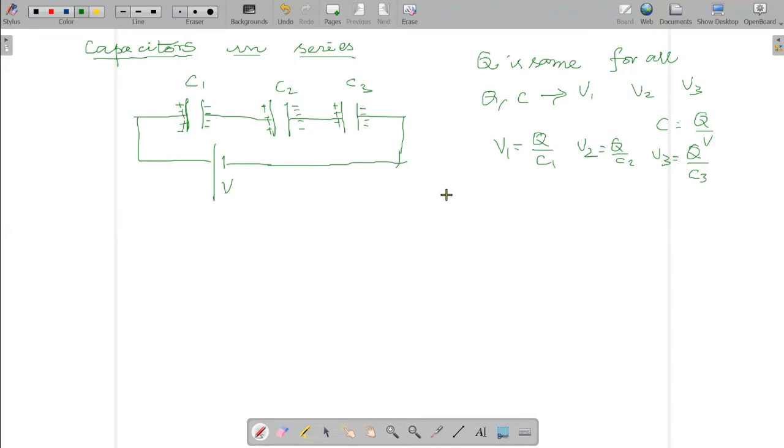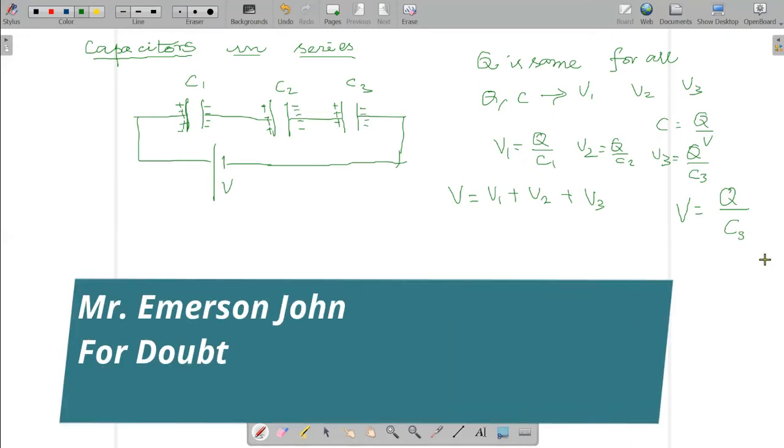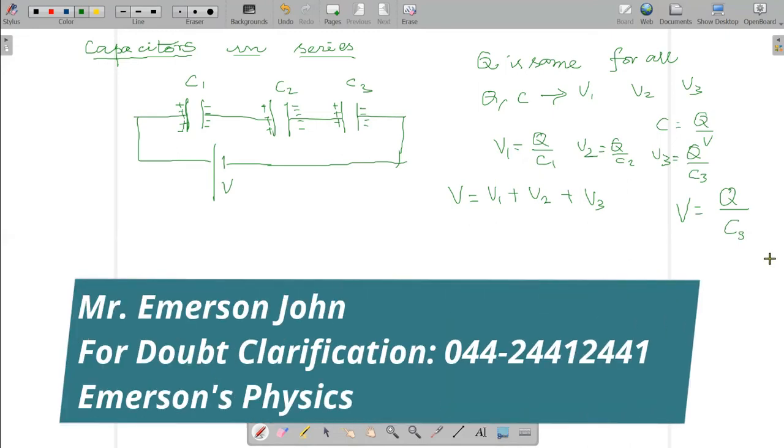We know the total voltage will be equal to the sum of the voltages that split across the capacitors. We apply the voltage, and it splits in 3 because there are 3 capacitors. V is called the combined or total voltage, which will be total charge by total capacitance, which is called the effective capacitance or the total capacitance when they are connected in series.